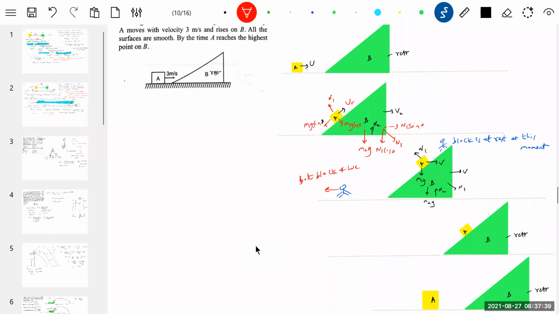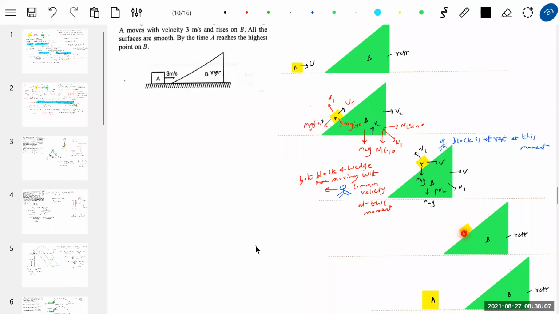Both block and wedge are moving. Only at this moment, at that instant, for a fraction of time, this will happen. The person on the wedge says yes, the block is at rest.